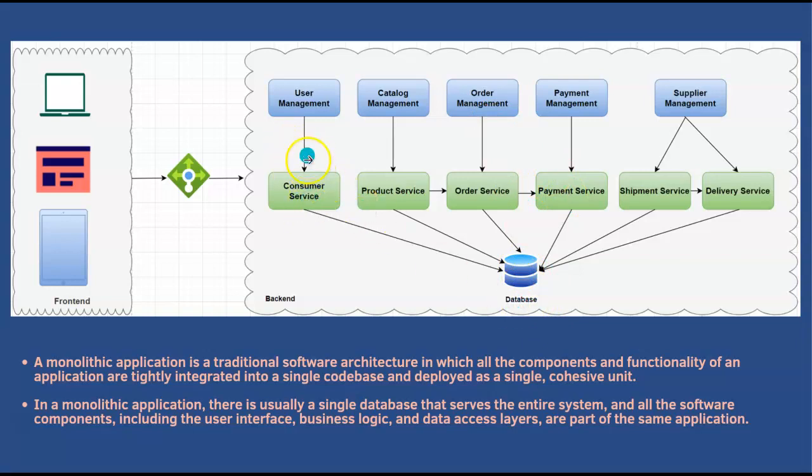They do not have their own separate databases. They cannot run independently. So all these modules, submodules, services, and the database are part of a single deployable unit, all integrated into a single application.